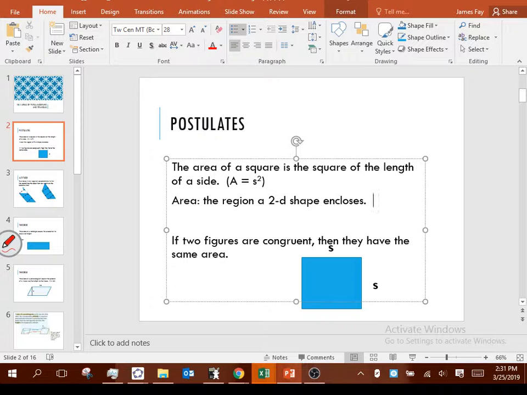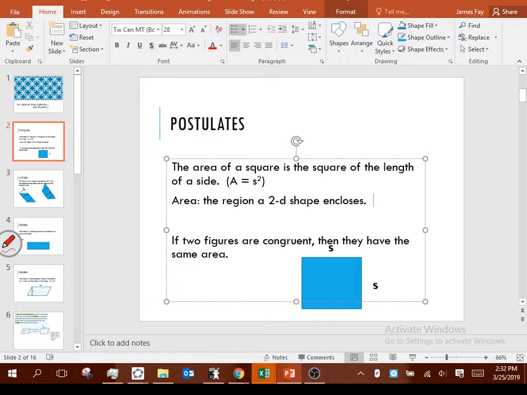But what you were doing was adding up the square units that shape enclosed. Sometimes you had to estimate, chop up blocks, that kind of thing. But you were trying to get familiar with what the definition of area is.